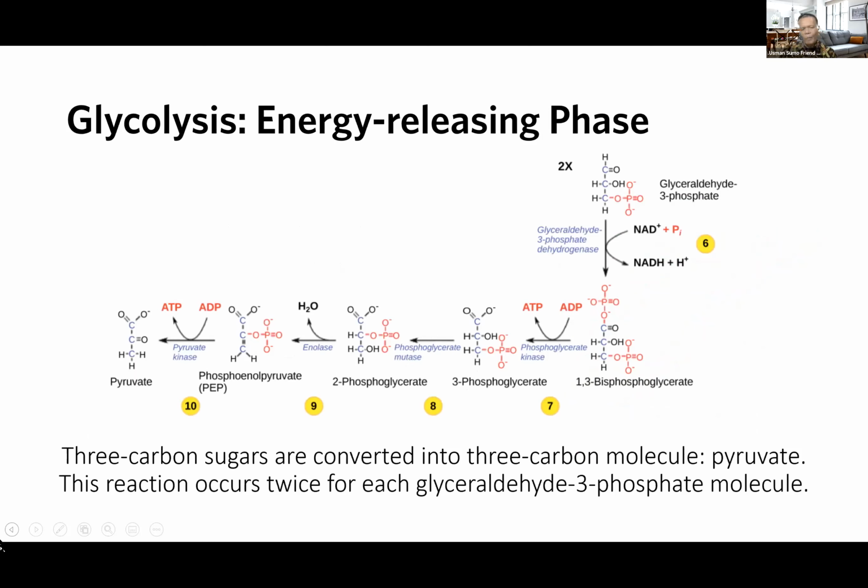Now let us move to the second step of glycolysis. We call that one the energy releasing phase. Energy releasing phase means that this pathway will produce energy. As you can see from this slide, you have this molecule.